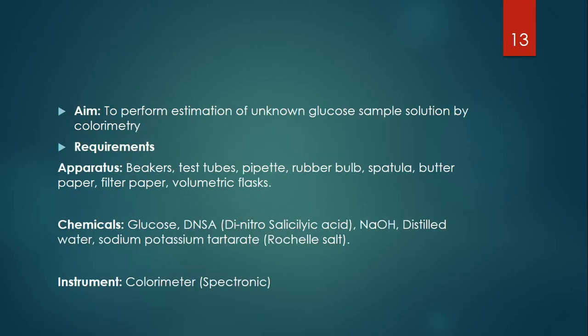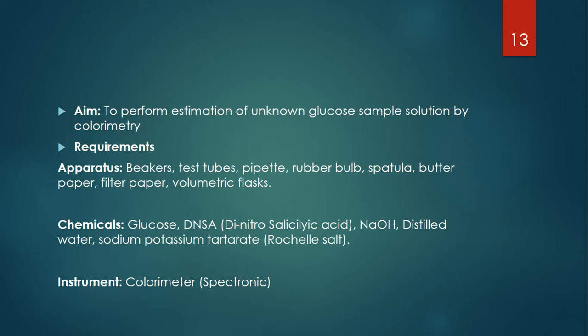So let us now see the actual practical. The aim is to perform the estimation of unknown glucose sample solution by colorimetry. Requirements we have divided as apparatus, chemicals and instrument. Apparatus we would be requiring are beakers, test tubes, pipette, rubber bulb, spatula, butter paper, filter paper and volumetric flask.